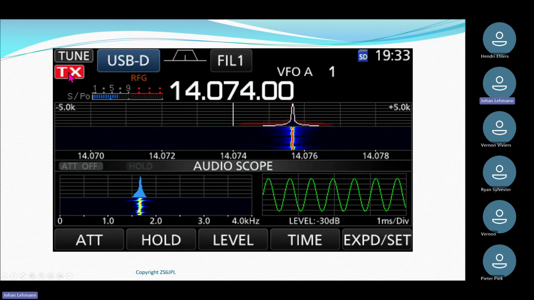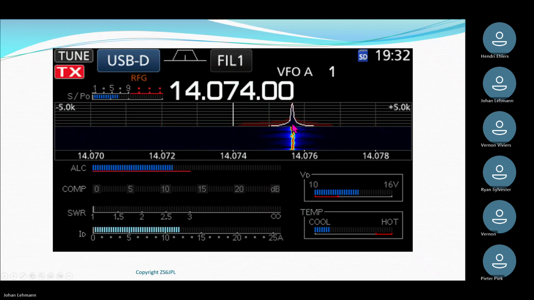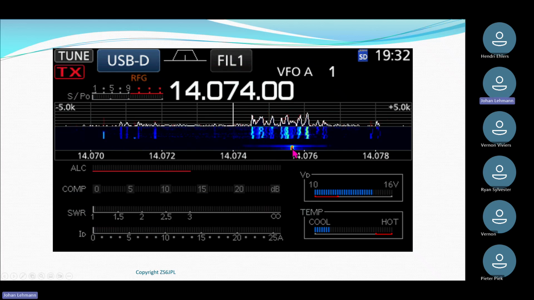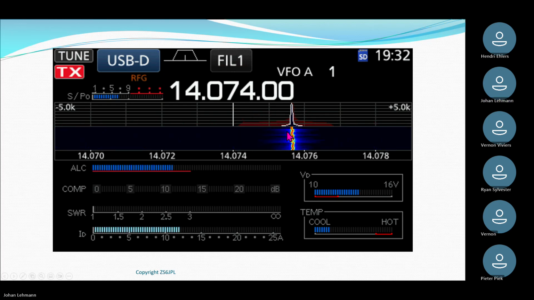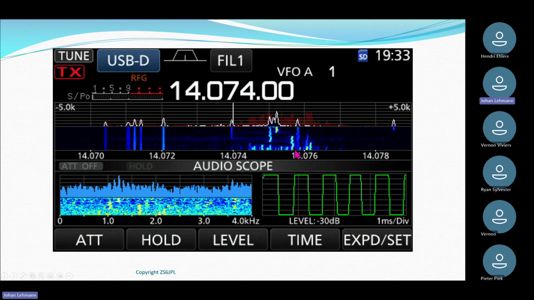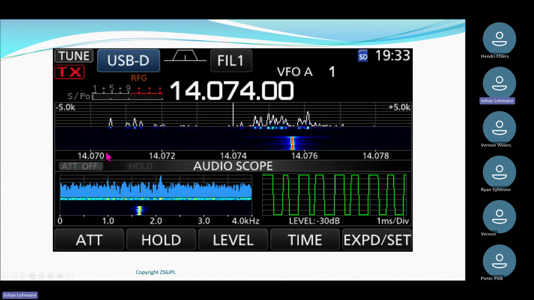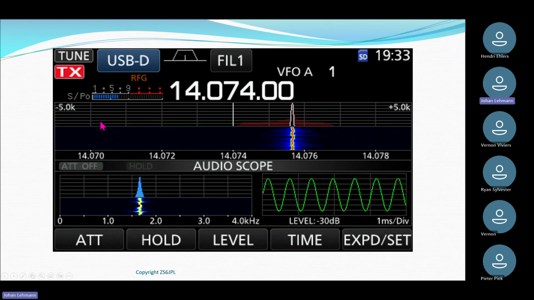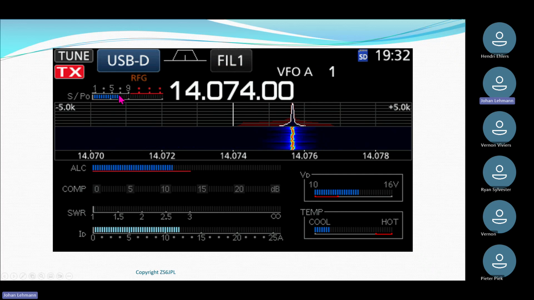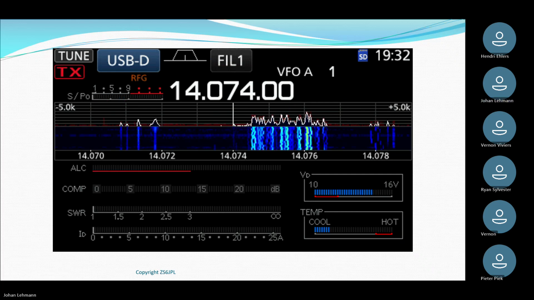When this goes into transmit, the spectrum that is transmitting is minute compared to the receive spectrum. And his ALC is not exceeding the threshold. It tells me he's running at about 7 watts or something like that.